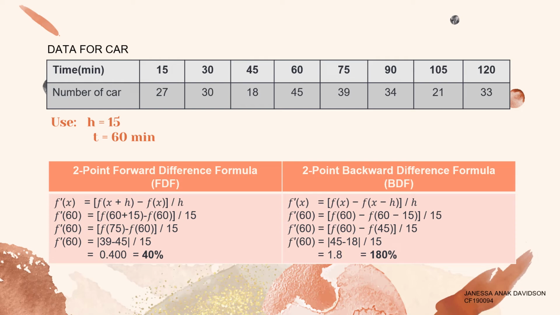The next one is the 2-point backward difference formula. BDF is f prime x equal to f(x) minus f(x minus h) over h. And we can insert the values of x and h. The result for this formula is 180%.